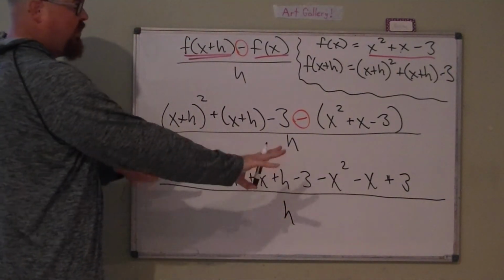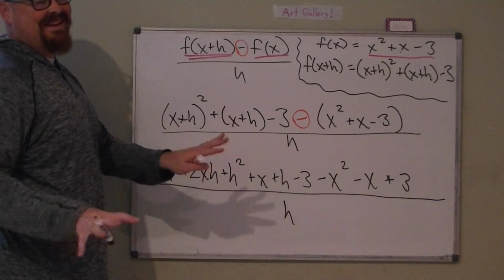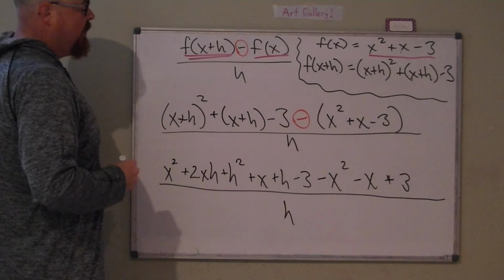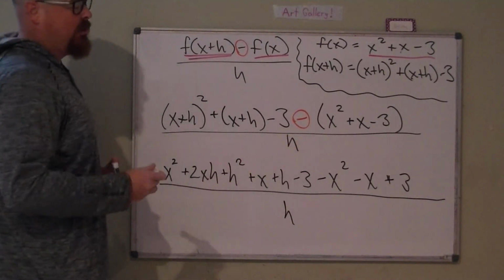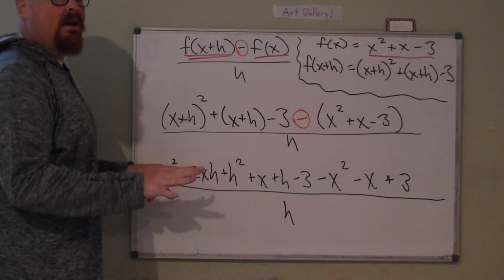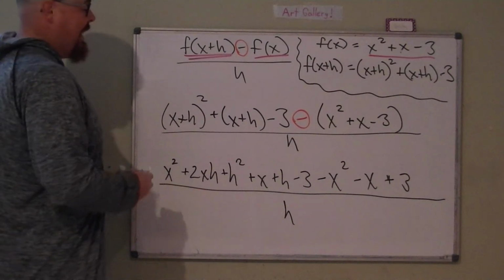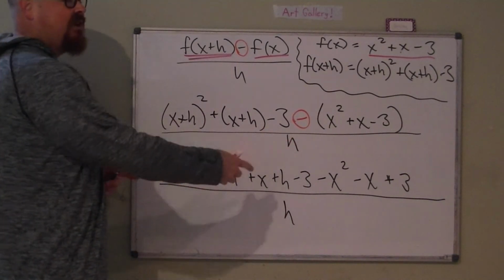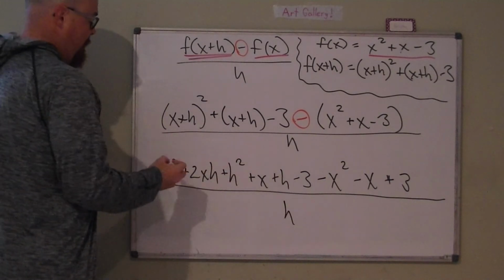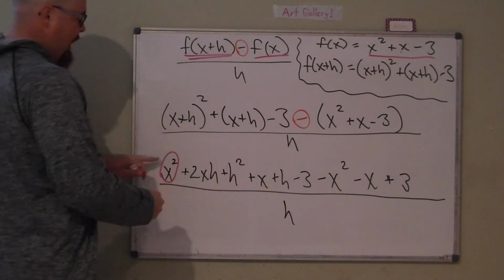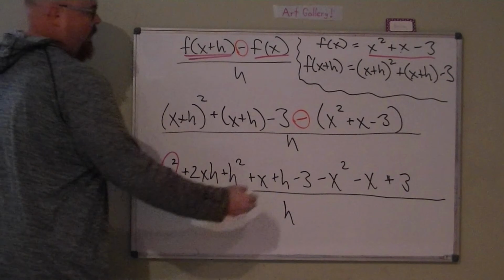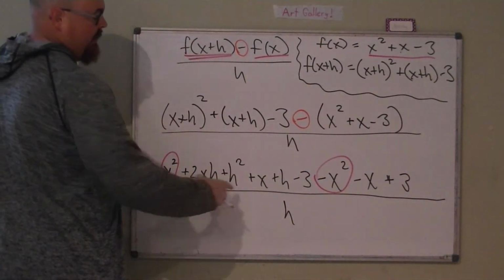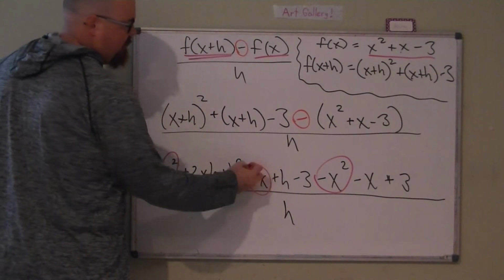Right? After we've expanded the entire expression, the numerator, we look at all of the terms that are up here. And if we've done everything right up to this point, then anything that doesn't have an h should have an opposite in the numerator. What do I mean? X squared doesn't have an h in this term. I also have negative x squared. Okay? X doesn't have an h.